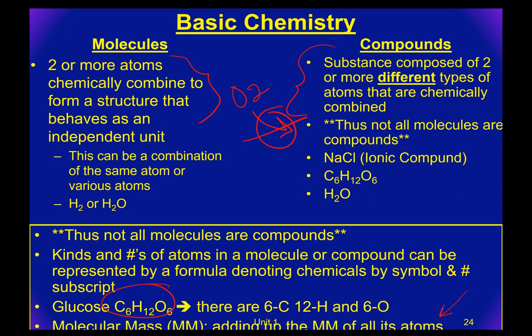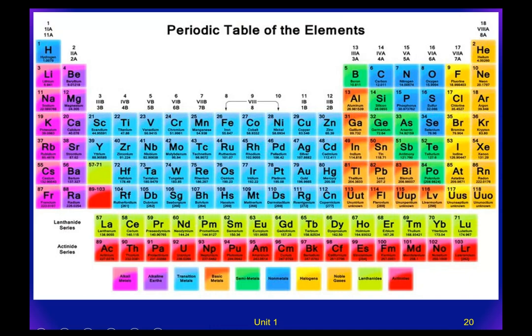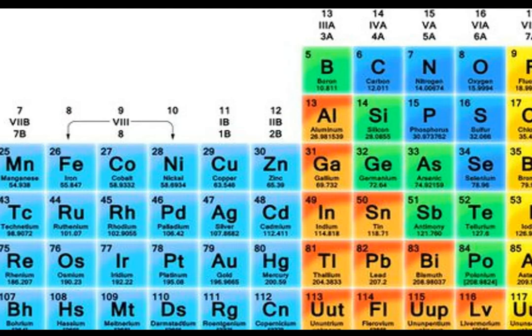Molecular mass is adding up the molecular mass of all of the atoms. So, for example, with C6H12O6, you wouldn't say it's 1 carbon, 1 hydrogen, and 1 oxygen. You would have to get the molecular mass for each.